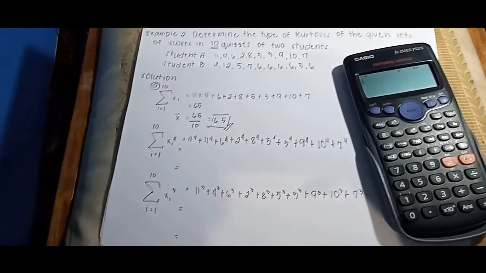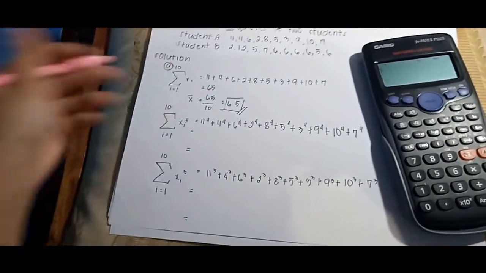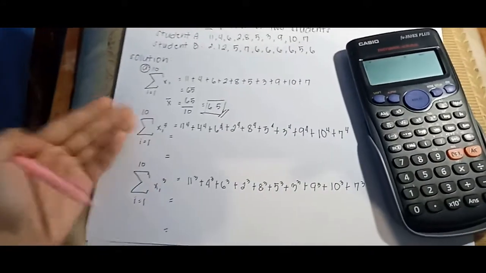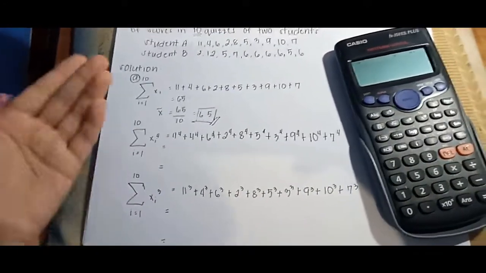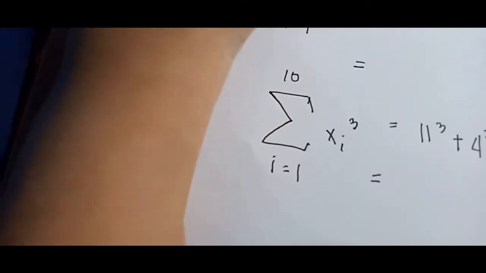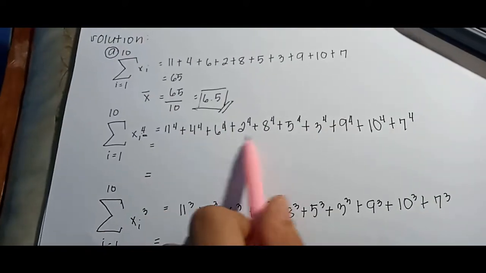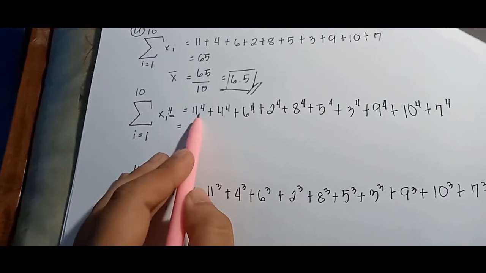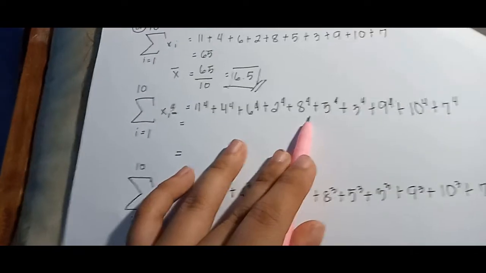Okay, so when you find the mean, let's go over to the second one, which is the same as the first one, but here we have raised to 4. What we're going to do is rewrite all the numbers right here, and then raise all of them to 4.